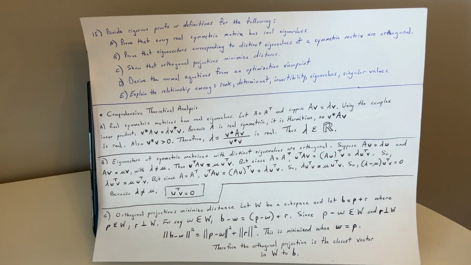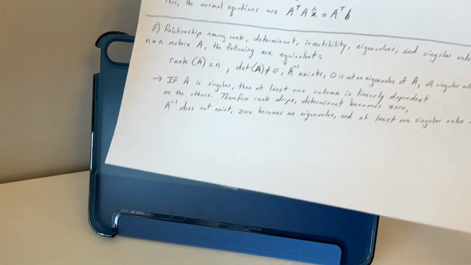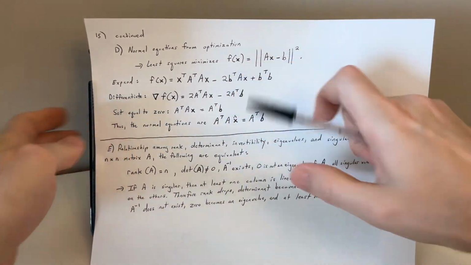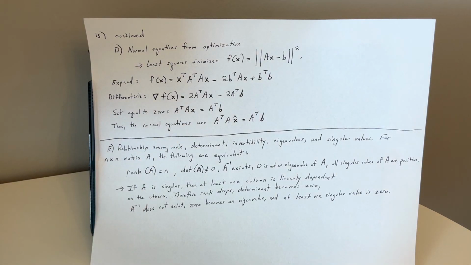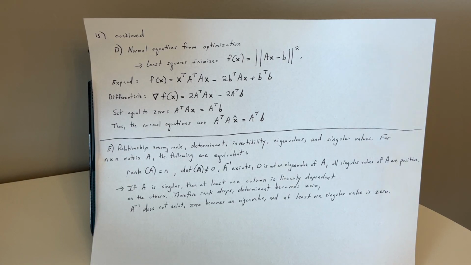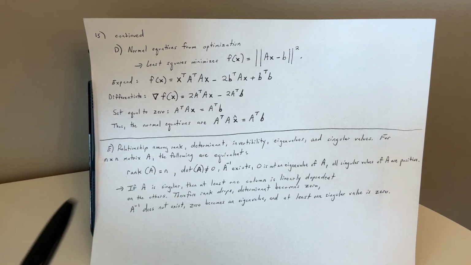Now for part D, deriving the normal equations from optimization. Least squares minimizes f of x equals the norm of Ax minus b, squared. Expanding, f of x equals x transpose A transpose A x minus 2 b transpose A x plus b transpose b.